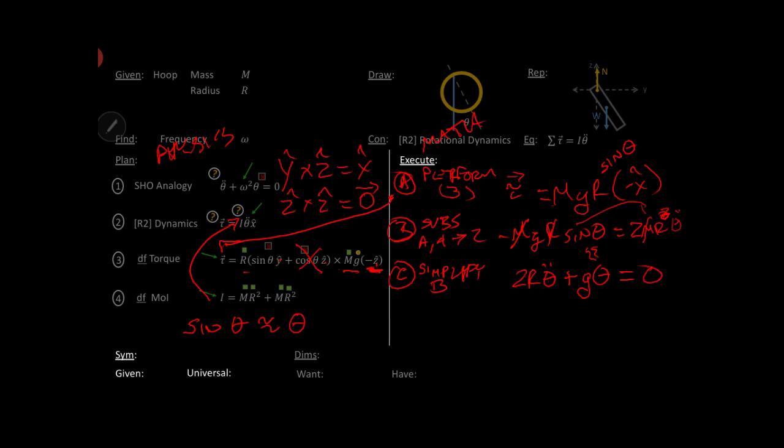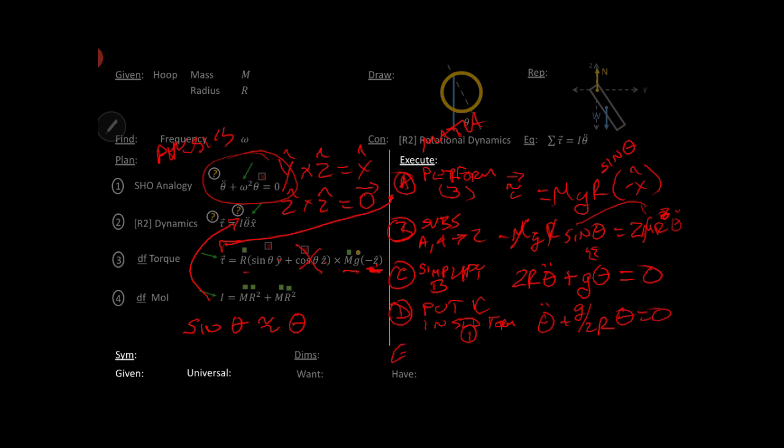So that's almost in this standard form here. We have to divide through by 2r to get into standard form. So put c in standard form: theta double dot plus g over 2r theta is equal to 0.